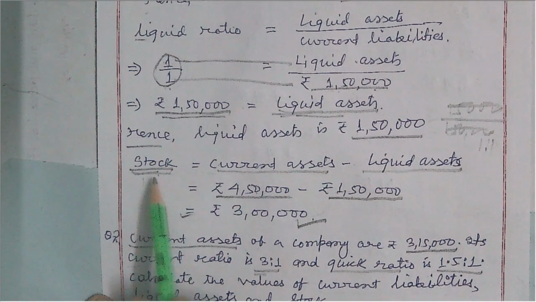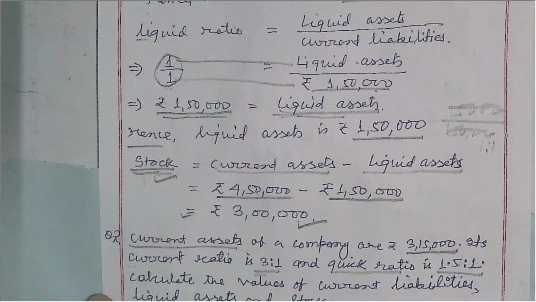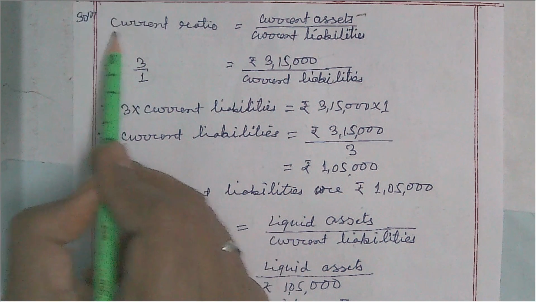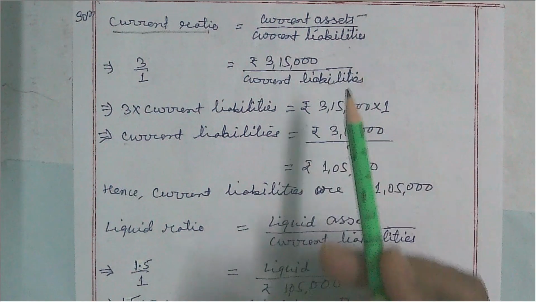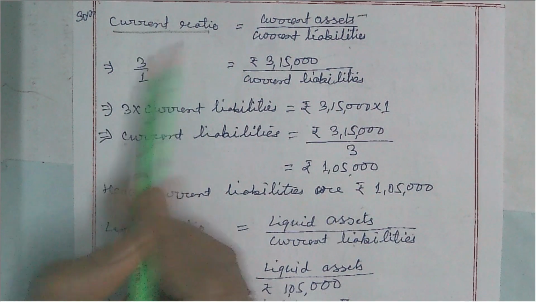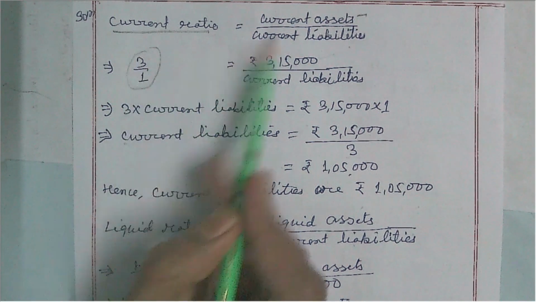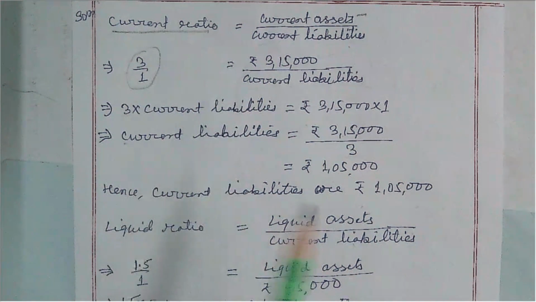So the stock formula will be the same here also, and the liquid assets formula is the same, but this time we have to calculate the value of current liabilities. The formula: current ratio equals current assets by current liabilities, and the current ratio given in the question is 3:1, that is 3/1. So 3 is your current assets, 1 is current liabilities.